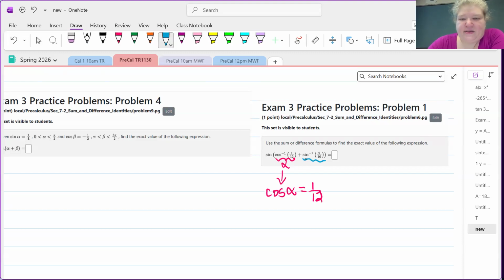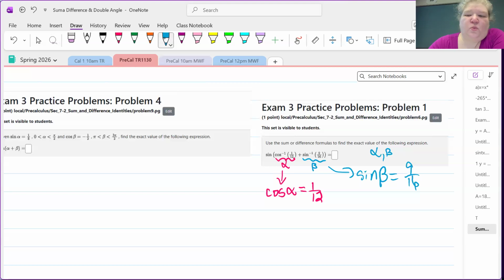And this inverse sine of 9/16 is a placeholder for the sine of beta is 9/16. Now, because they did this with the inverse trig functions, alpha and beta are both in quadrant 1. So it's actually a little more straightforward because when you solve for the other trig function, everything will be positive.